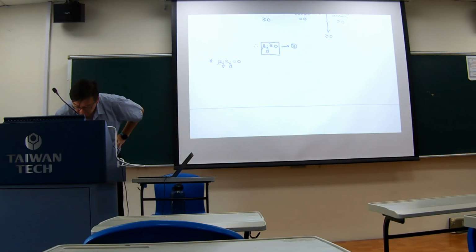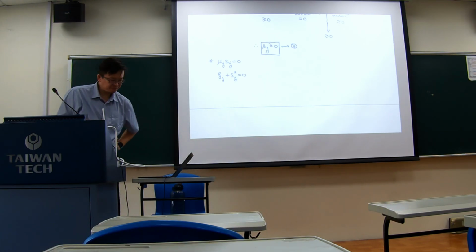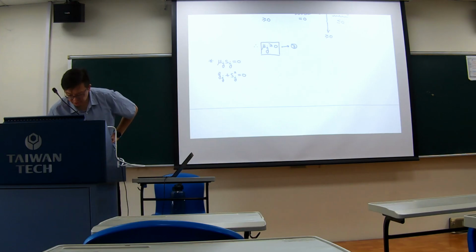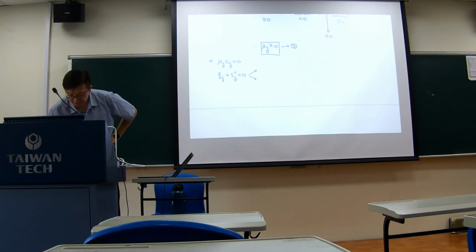We also had gj plus sj squared equals zero. That's at the beginning when we defined slack variables. So there are only two possible cases. That is, sj is zero or sj is not zero, right?